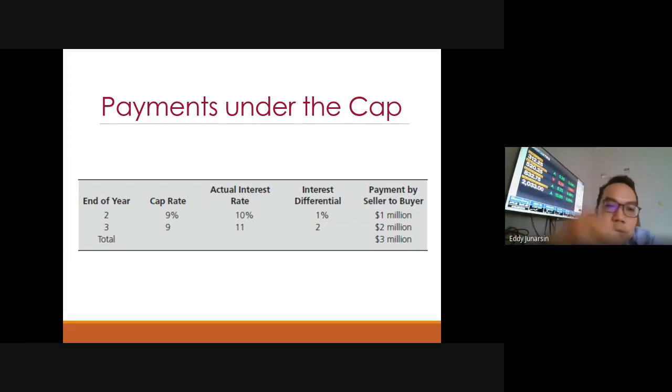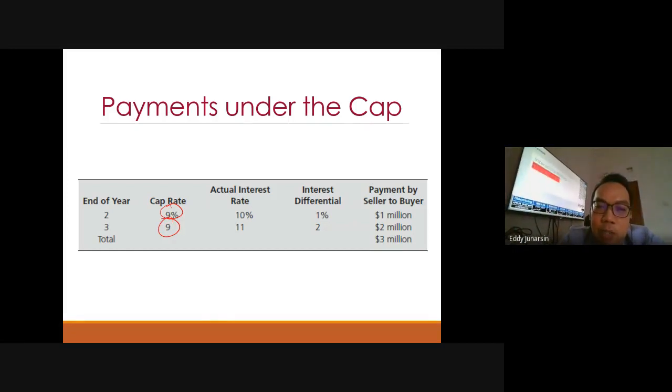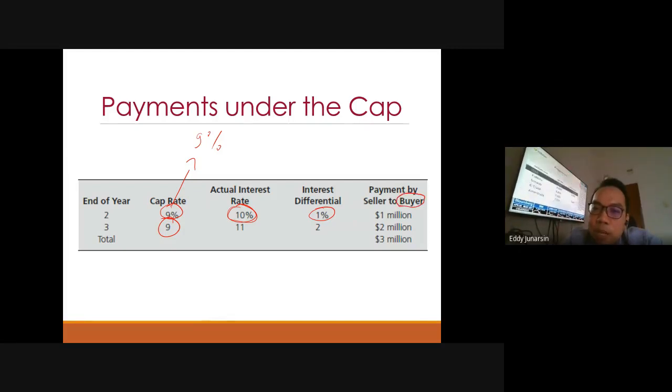Like a 2 year contract, and the cap rate is 9%. So what will happen? At the end of the second year, the actual interest rate is 10%, and you take a long call position at 9%. So 10% is above 9%, then you get what? You get 1%, right? 1%.